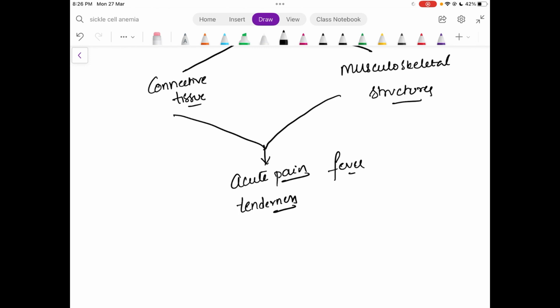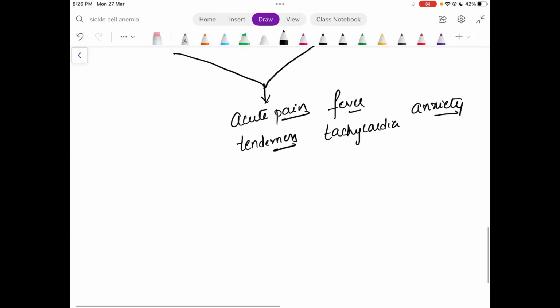Fever will be present, the patient will have tachycardia, and they will have anxiety also. These acute painful episodes are the most common clinical manifestation seen in sickle cell anemia.